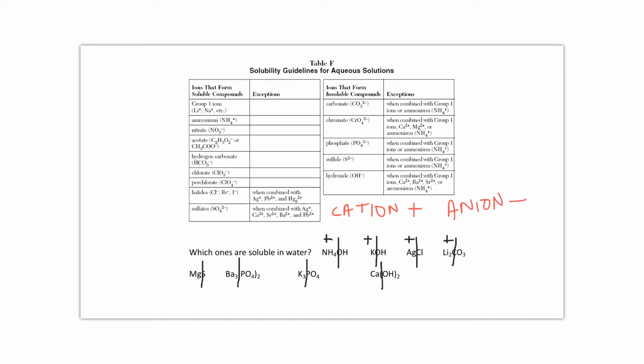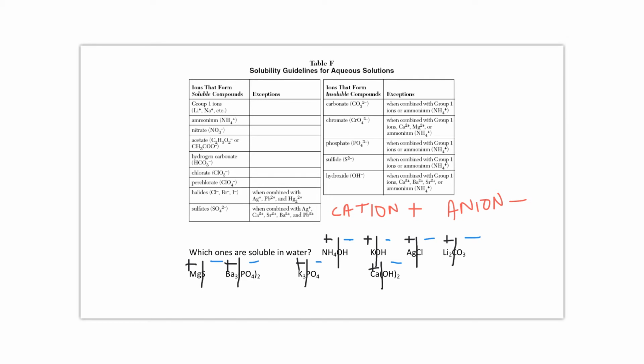So whatever's on the cation side is listed on the left of the line. And then everything on the right, let's change the color on that, is going to be my negative ion. And that's my anion, a negative ion. That's what anion stands for.